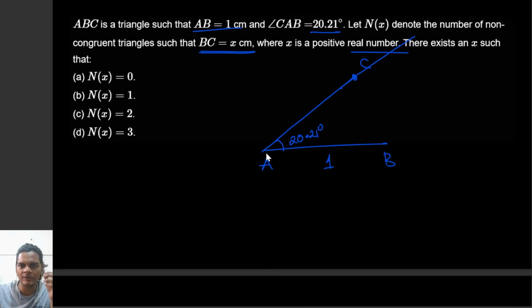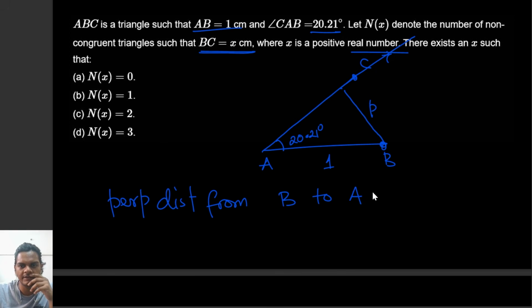C could be anywhere on this ray. It is a ray, right? Let's say the perpendicular distance from B to this is P for perpendicular distance. That's it. So the perpendicular distance from B to AC is P. That is possible.